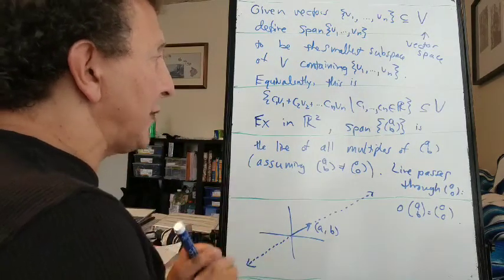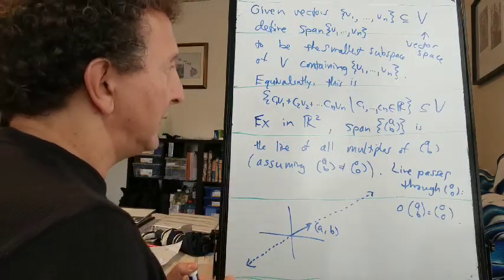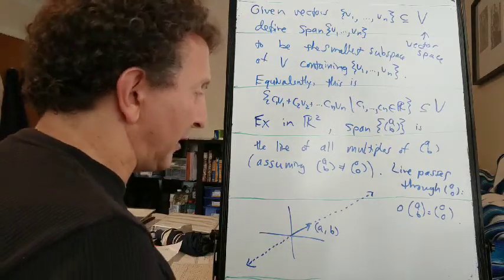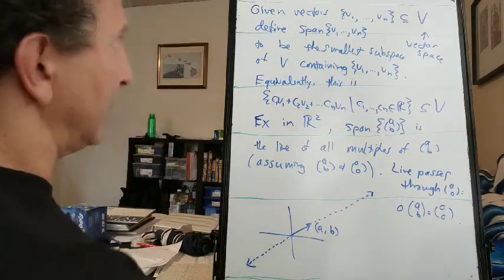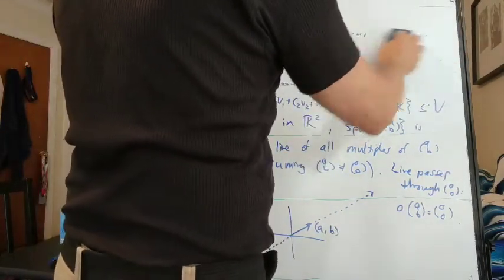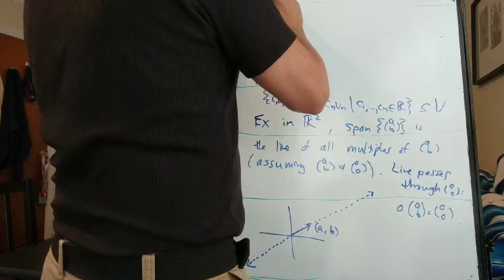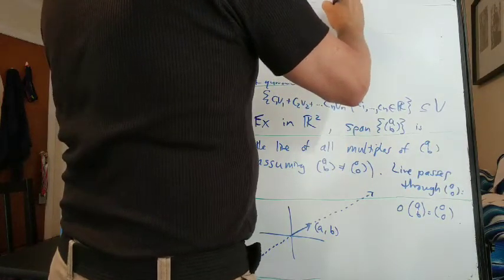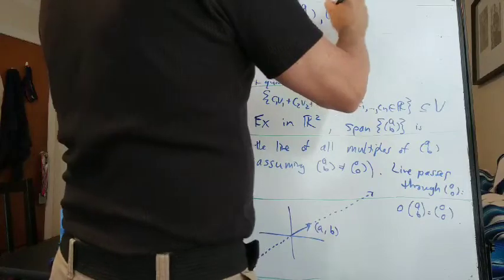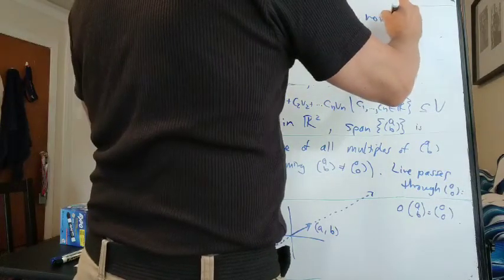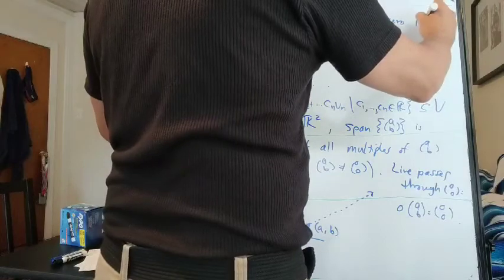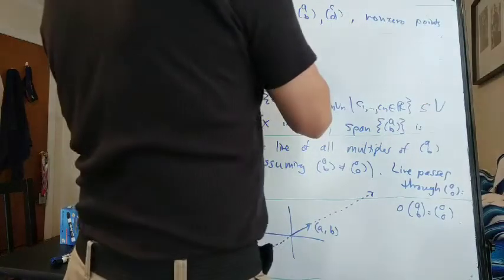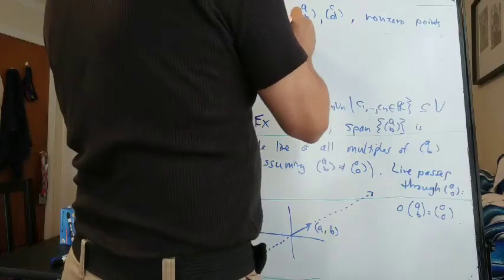Now if we have 2 vectors in R2, we wonder what they span. Assuming they're not 0, they could either span all of R2 or they could just span a line. So let's say we have (a, b) and (c, d). Let's say these are non-zero points in R2, or vectors in R2 if you like.